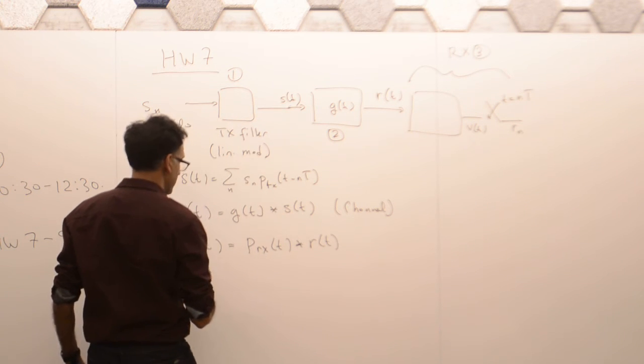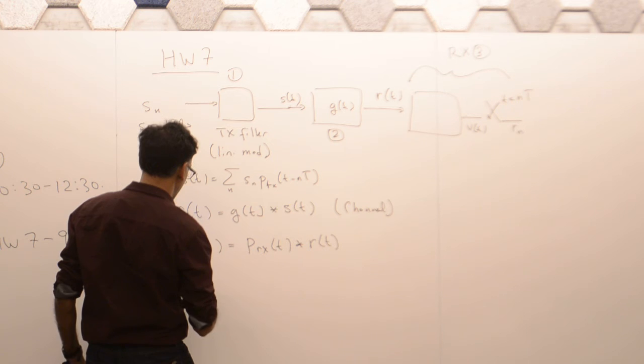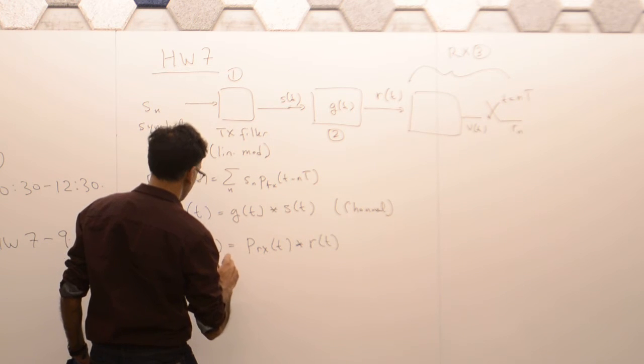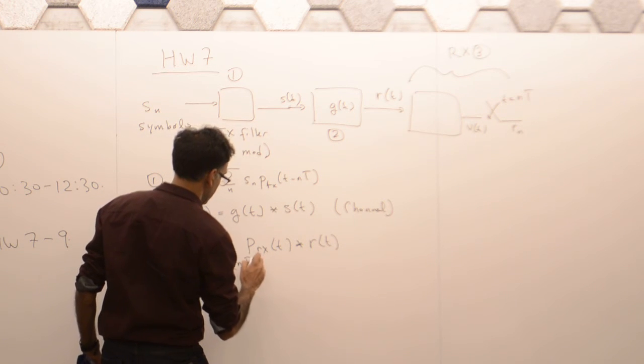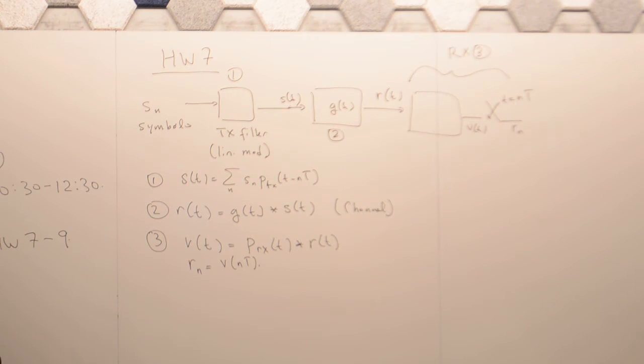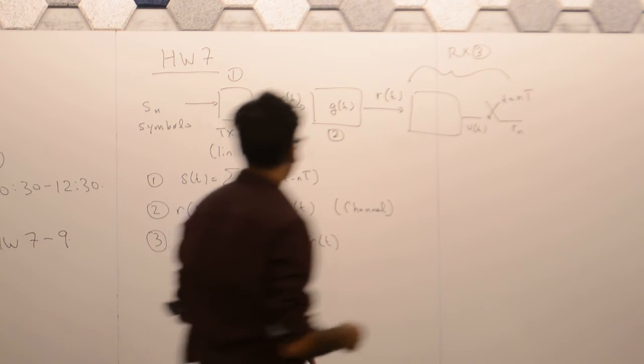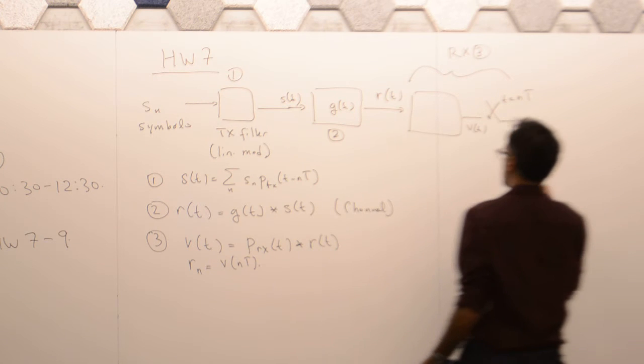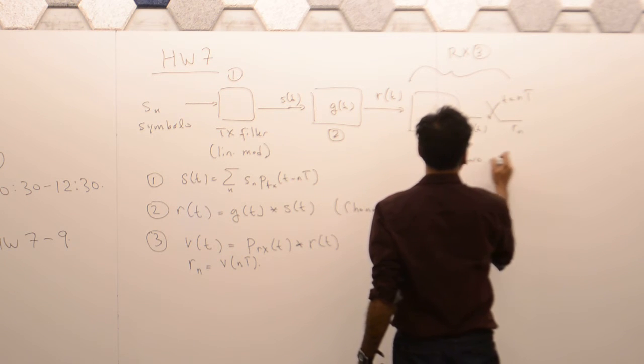And then it samples R of n is equal to V of n t. So the only thing that's kind of important. And then 2 facts that we proved.